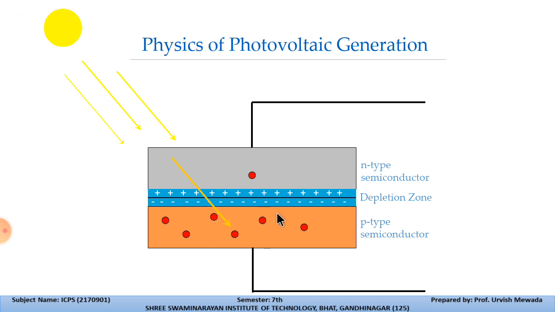From the p-type, holes and electrons recombine, and charges start flowing through the wire. If we connect a load between these two points, we can drive that load with the help of this flow of charge. This is the working principle of photovoltaic transduction.